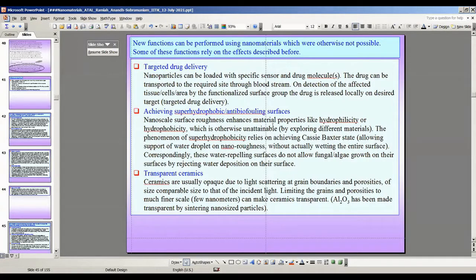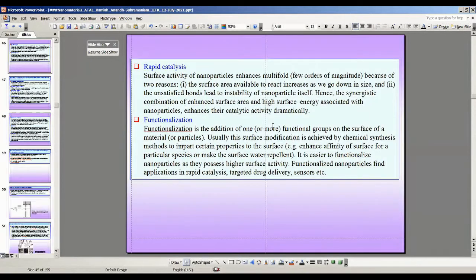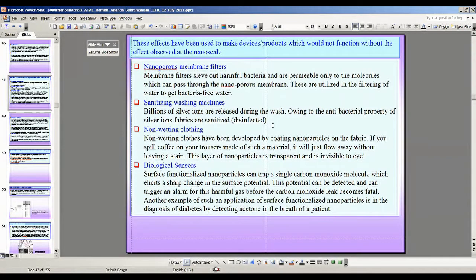You eat a pill, the whole body gets the whole drug, while a small region in your body actually requires the drug. So you don't have to saturate your whole body. You can locally deliver it, and that too whenever the concentration falls below a certain level. You can have transparent ceramics. You can have rapid catalysis and also functionalization. So these are important things which can emerge in this new field.